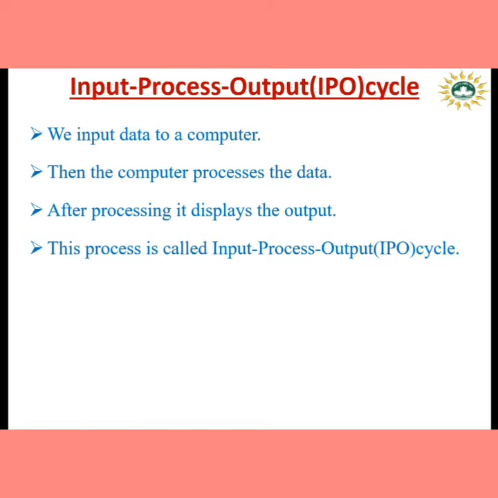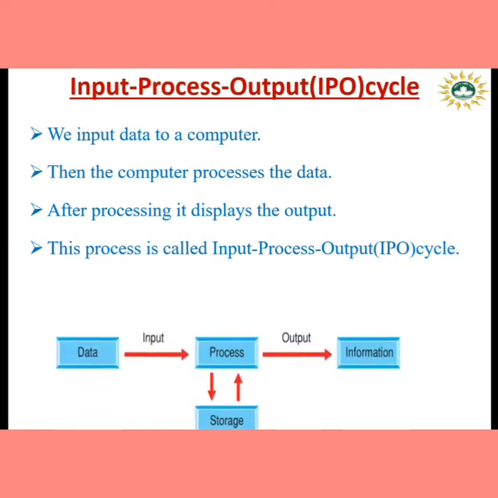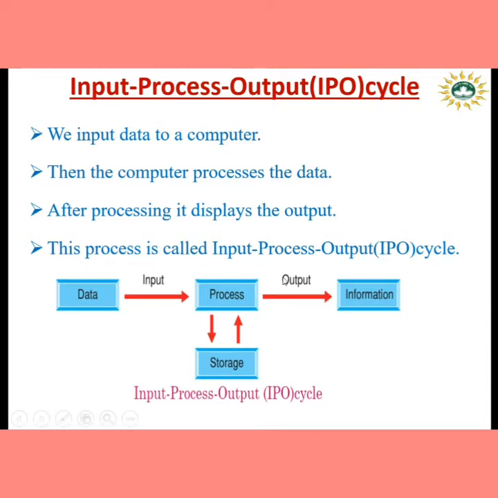This is a diagram of this total process: first we input data, then the input will be processed. After that the output or the information will be displayed, or sometimes the output will be stored in the computer memory.